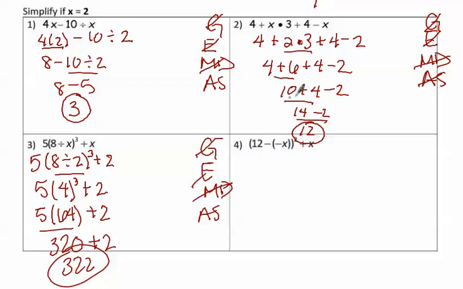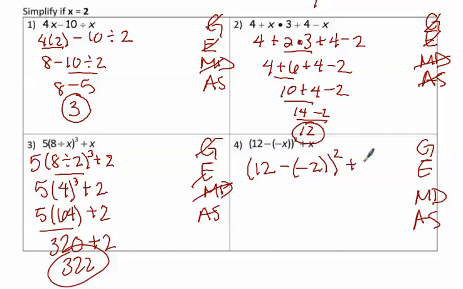Looking at the next problem, write out GEMDAS on the side. Go through the order. First step, you need to plug in 2 for all your x's. Now you do your grouping. Your grouping states 12 minus negative 2.